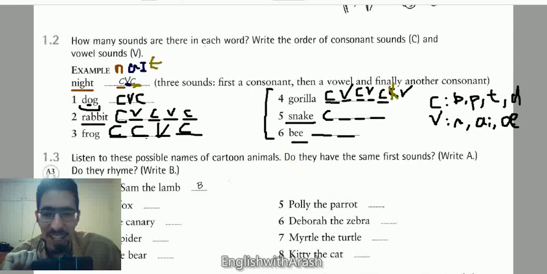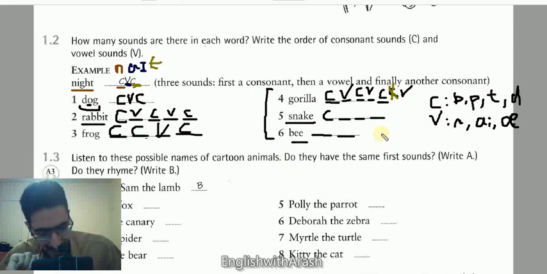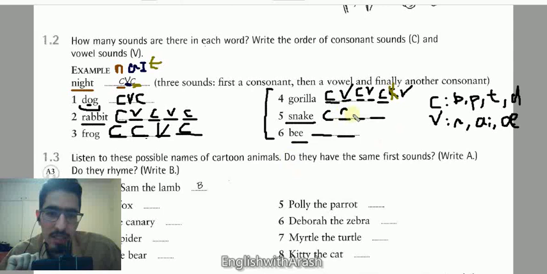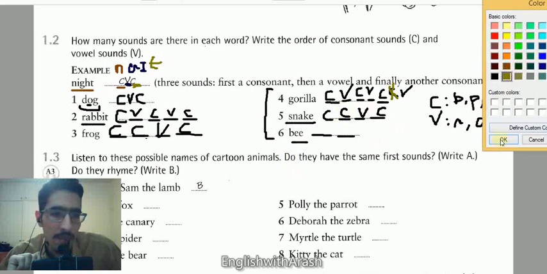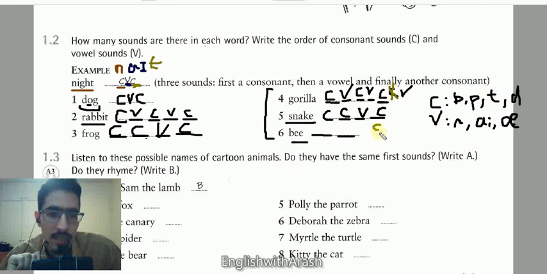So I want you to be kind of patient with them. I understand that some of them might be easy or boring. CCVC, Ashraf says CCVC. Let me check it. Snake. Yeah, great, Ashraf. Very good.